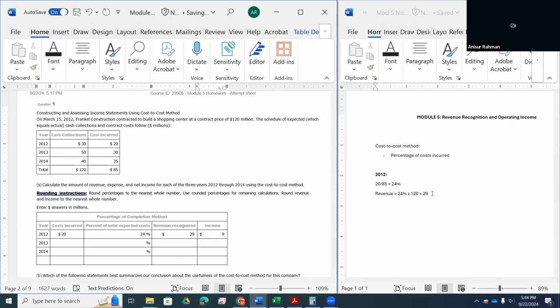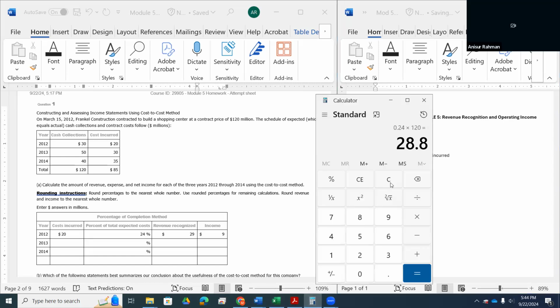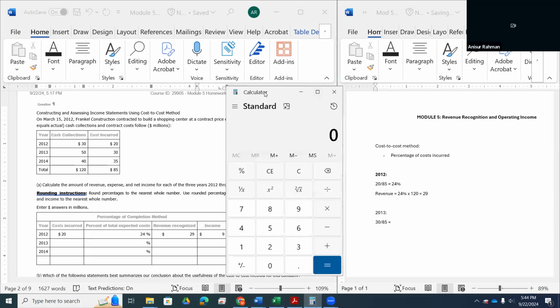Following the same process for 2013, our cost for that year is 30 million divided by the same total cost over the 3-year period, 85 million, so 35%.